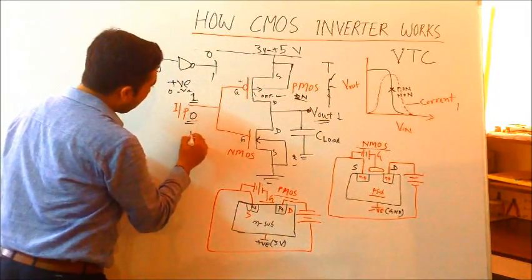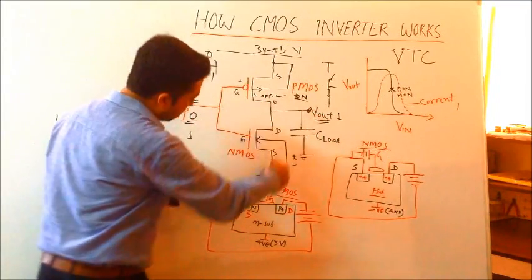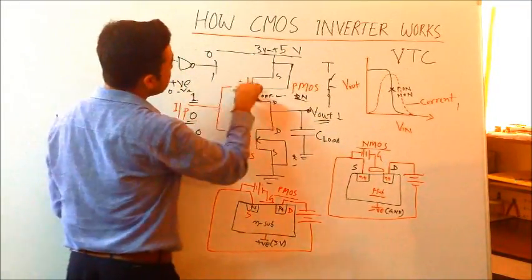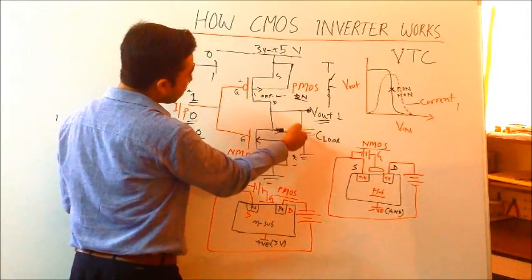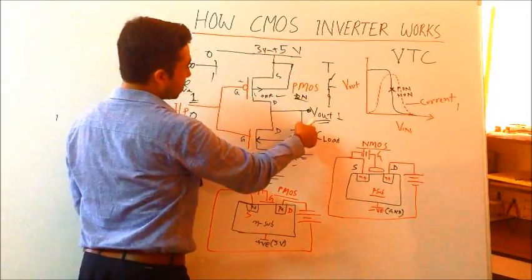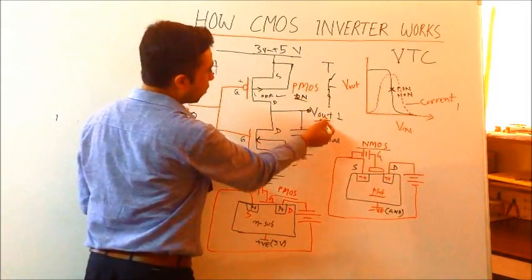That means if you apply 1, this transistor is off, this is on. All charges discharge through the NMOS, so output equals 0. When you apply 0, this transistor is on, this transistor is off. Your output capacitor is connected to the power supply. Then the capacitor is fully charged up. Then output equals 1.